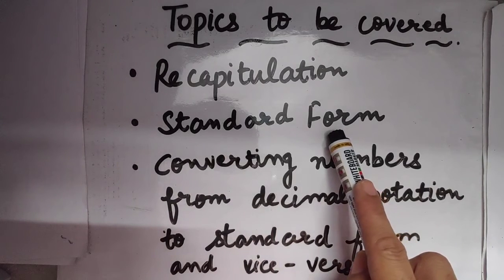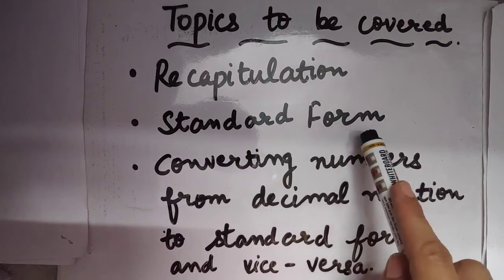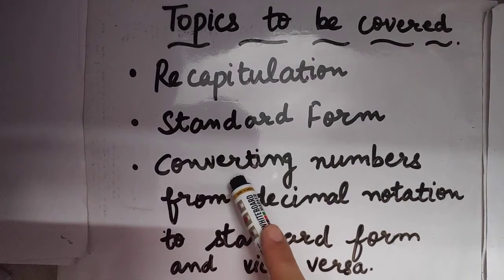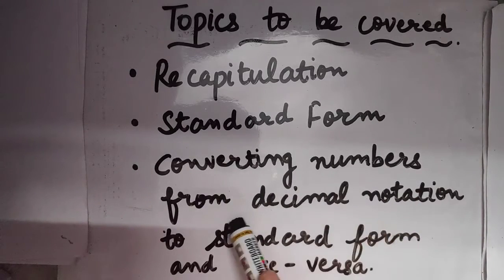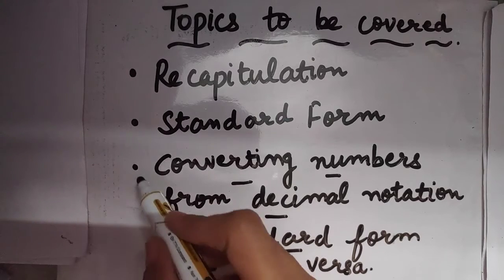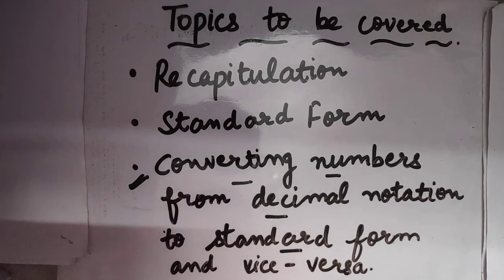How to represent small numbers in standard form, and then we will explore more about converting numbers from decimal notation to standard form and vice versa. Dear children, this concept, that is converting numbers from decimal notation to standard form, though you must have studied in your previous class, but we will explore more about this topic in this grade 8.